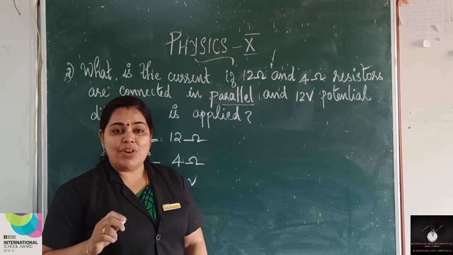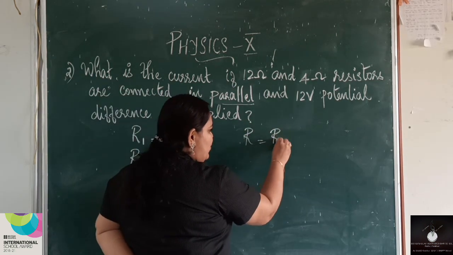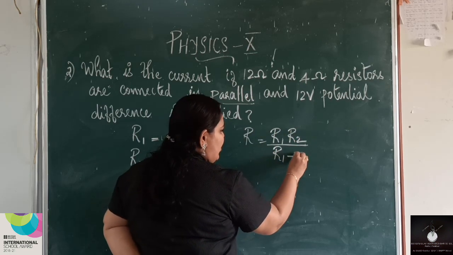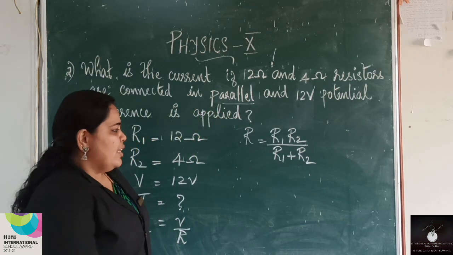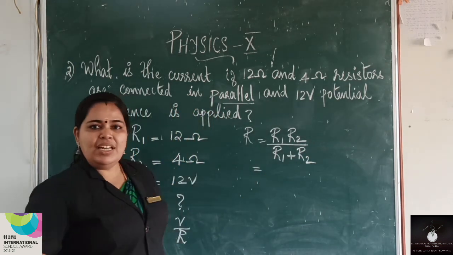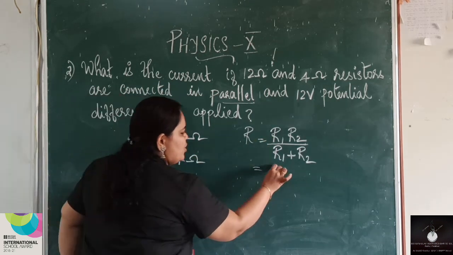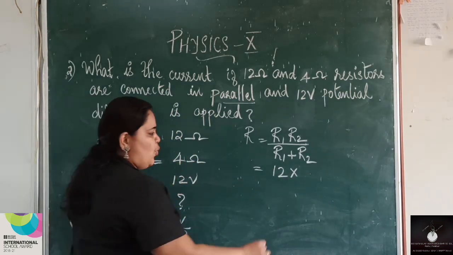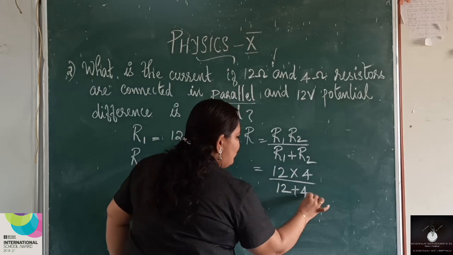So what is the formula to find out the effective resistance? R is equal to R1 R2 by R1 plus R2. Okay. Now we can substitute the values. How much is R1? R1 is equal to 12 ohm. 12 into R2, 4. 12 into 4 by 12 plus 4.